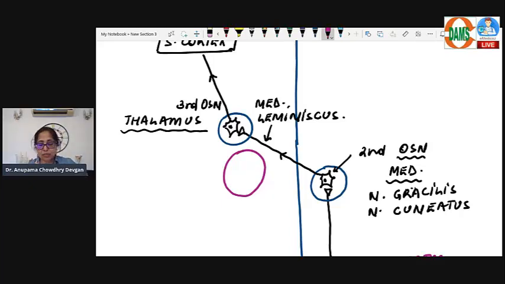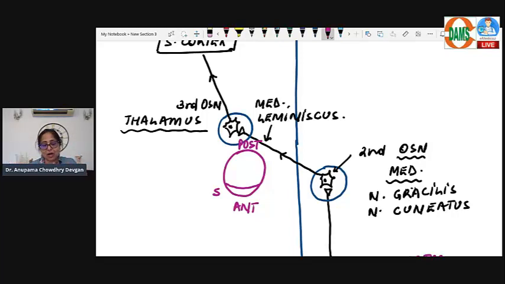is completely different from the posterior column. In the medial lemniscus, the arrangement is anterior to posterior. It is not medial to lateral, it is anterior to posterior. So here the sacral fibers in the medial lemniscus lie anteriorly.